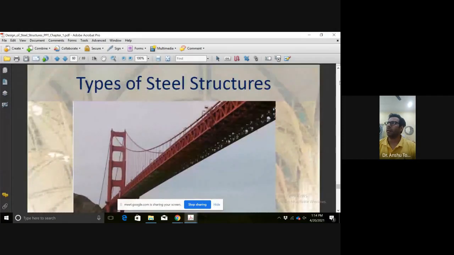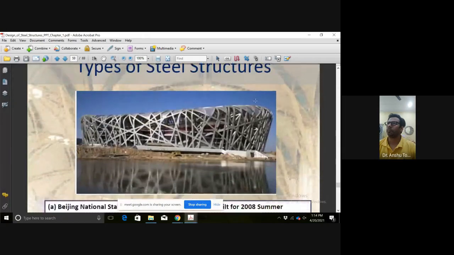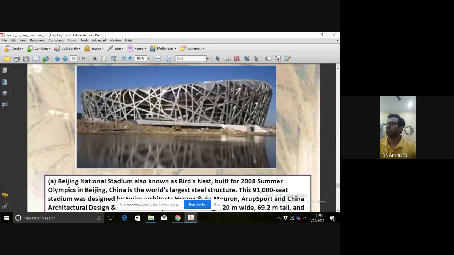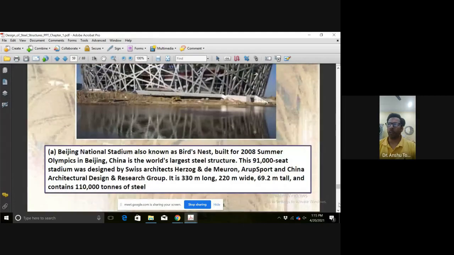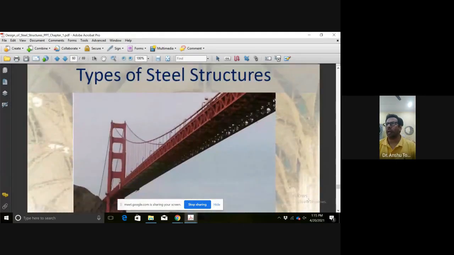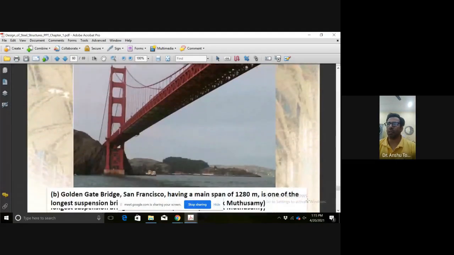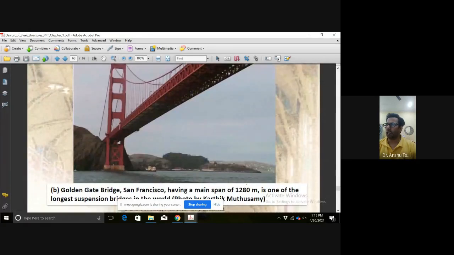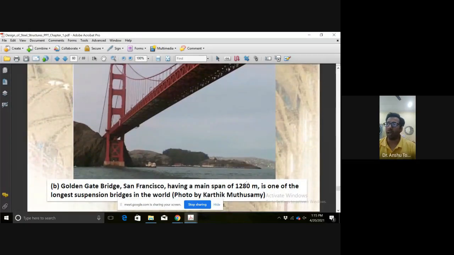Beijing National Stadium, purely in steel. This type of bridge, Golden Gate, was constructed approximately 150 years back.